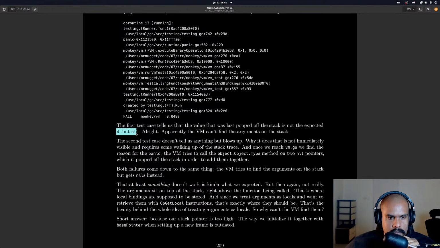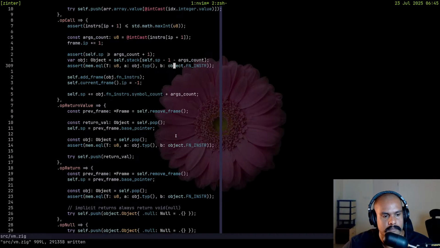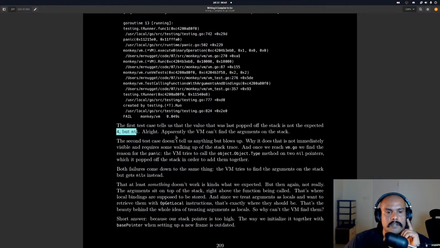It's 4, but nil. Apparently VM can't find the arguments on the stack. That's a good point. Because it doesn't know which argument to get.